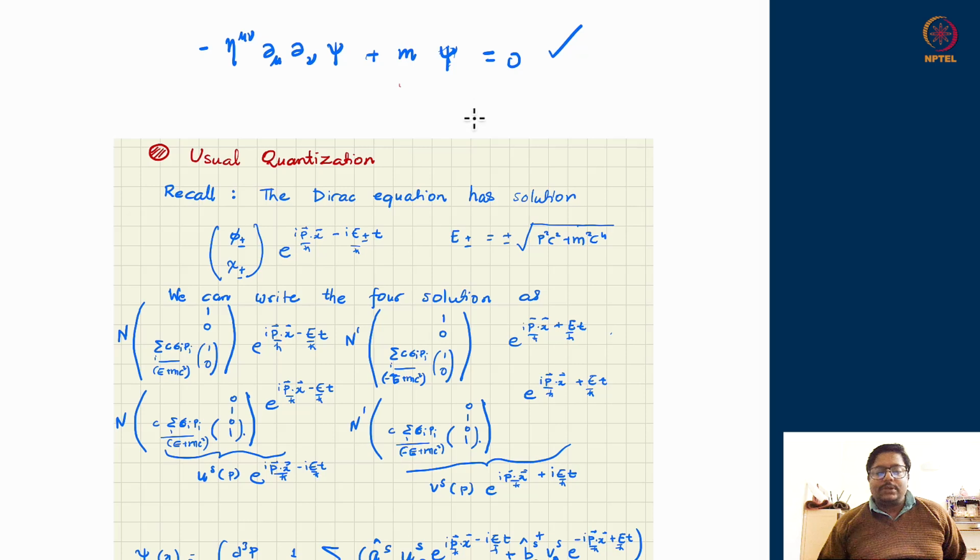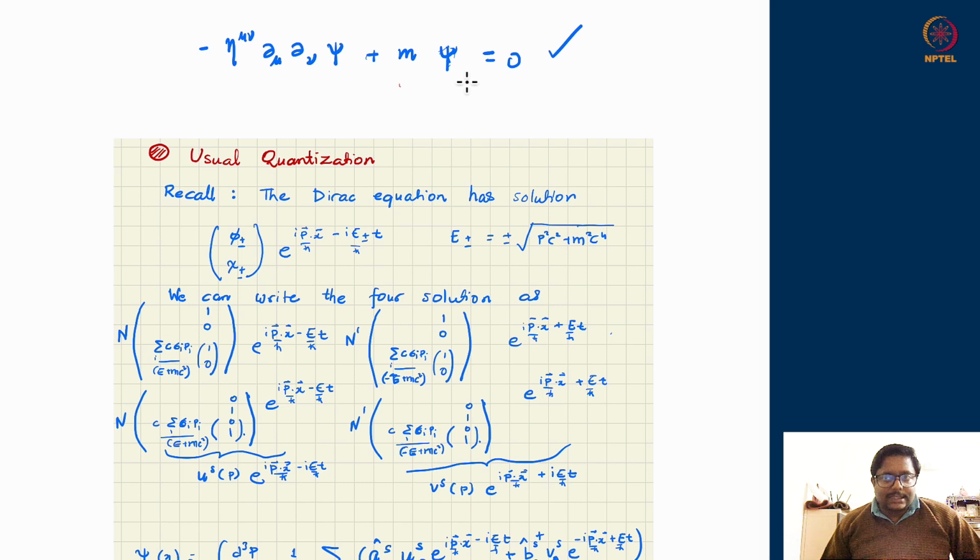So now we want to use the usual way of quantizing the scalar field. In the discussion session, we discussed the quantization of a real scalar field, but a complex scalar field also can be quantized along similar lines, which we have not done, but you will see that it is not much different from the real scalar field.